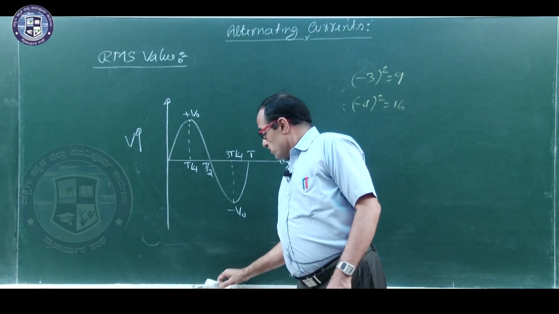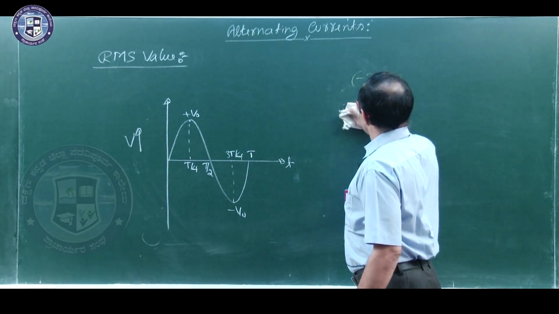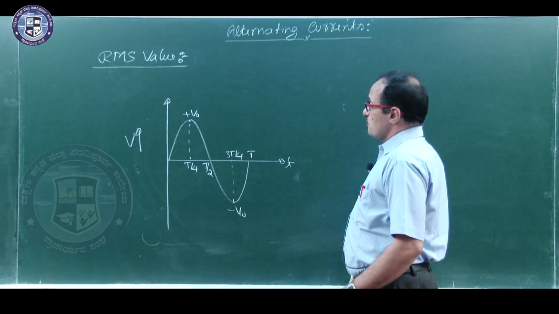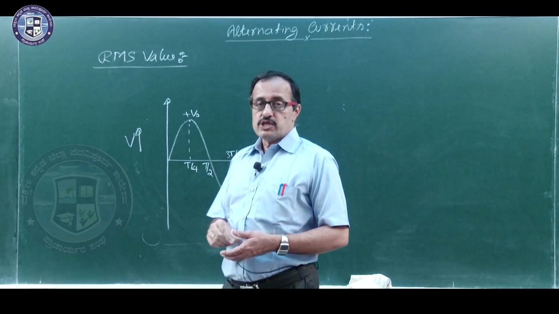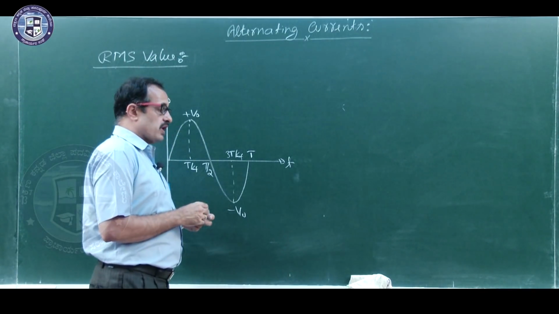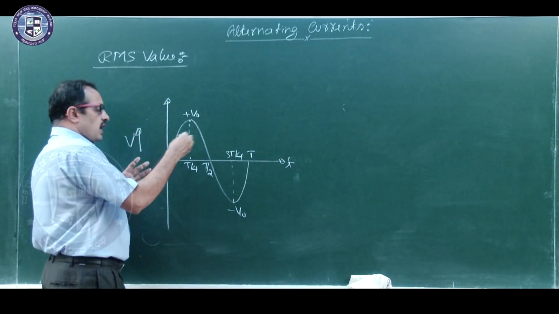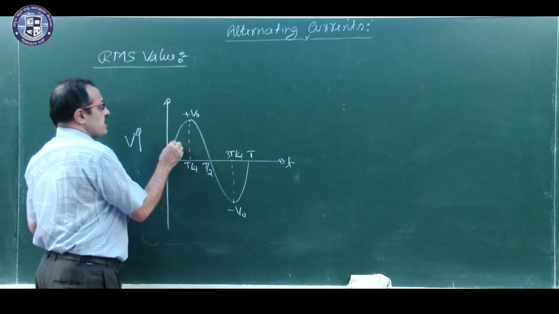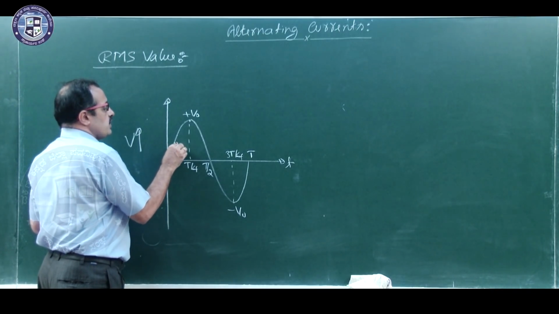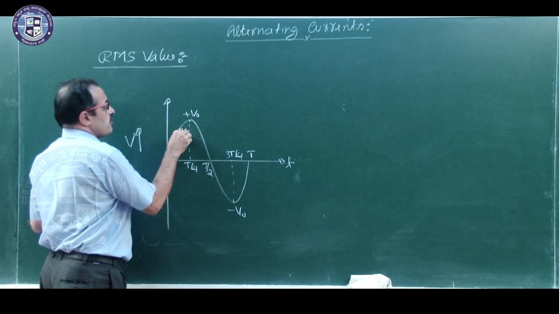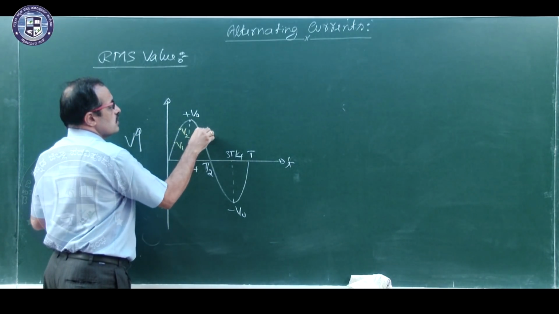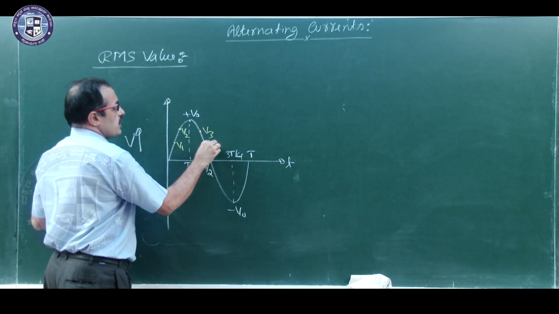So, what we do is try to find the average value over the complete cycle by squaring the instantaneous value. As usual, let us say we select some points here like V1, V2, V0, V3, V4, like that.